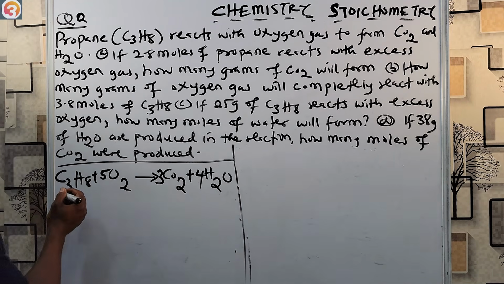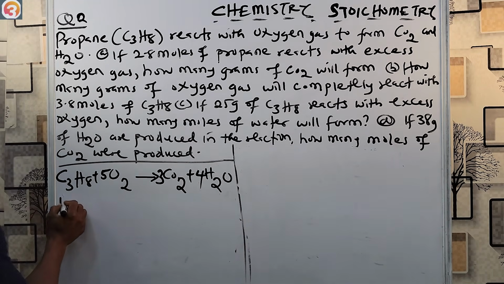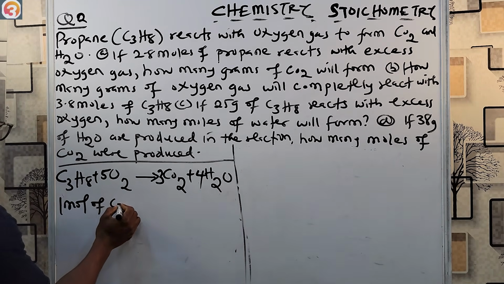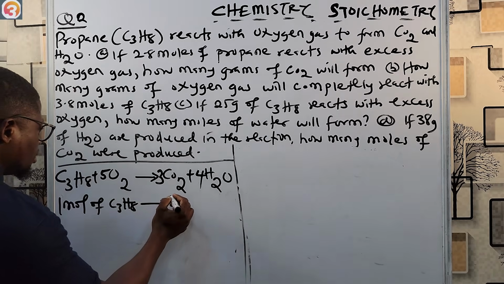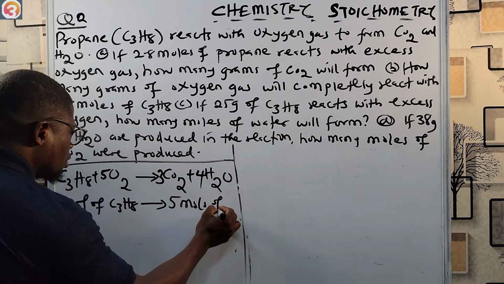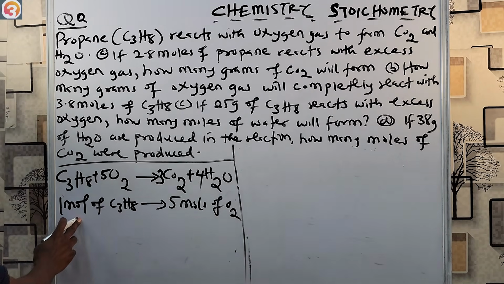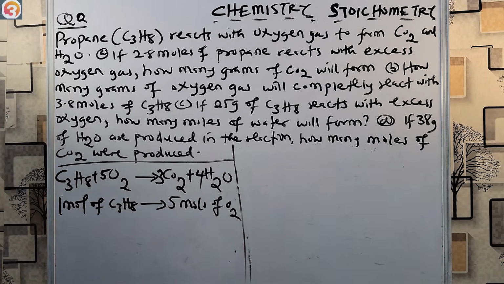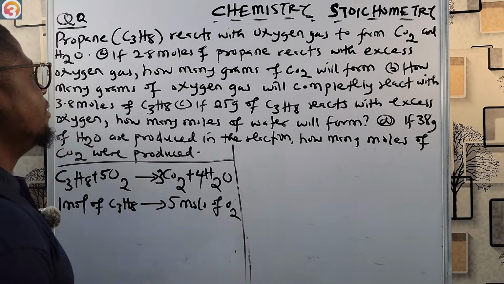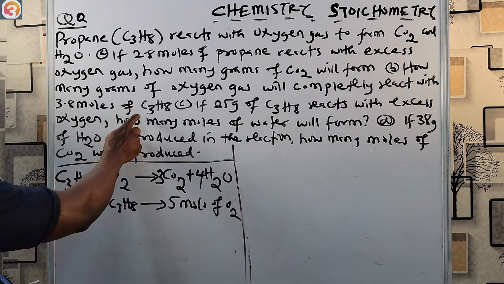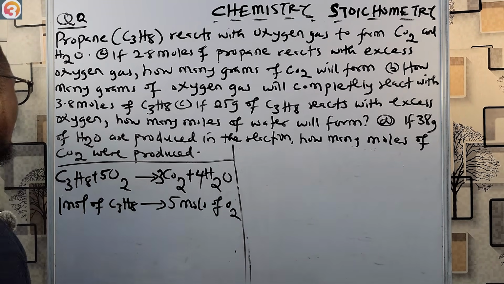So from our reaction here, 1 mole of C3H8 gives us 5 moles of O2. For the second question now, 1 mole of C3H8 gives us 5 moles of oxygen. Now, what will 3.8 moles of C3H8 give us?